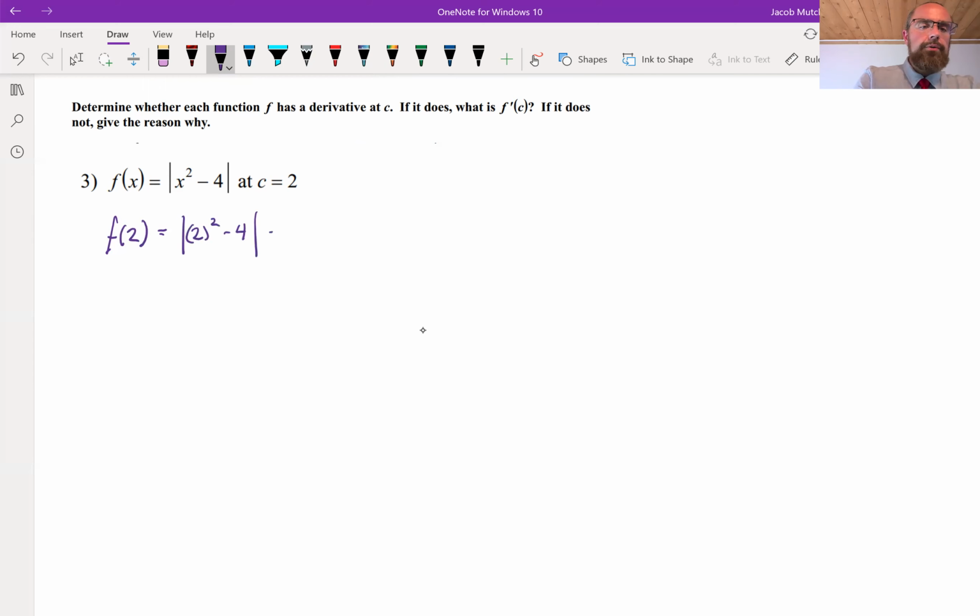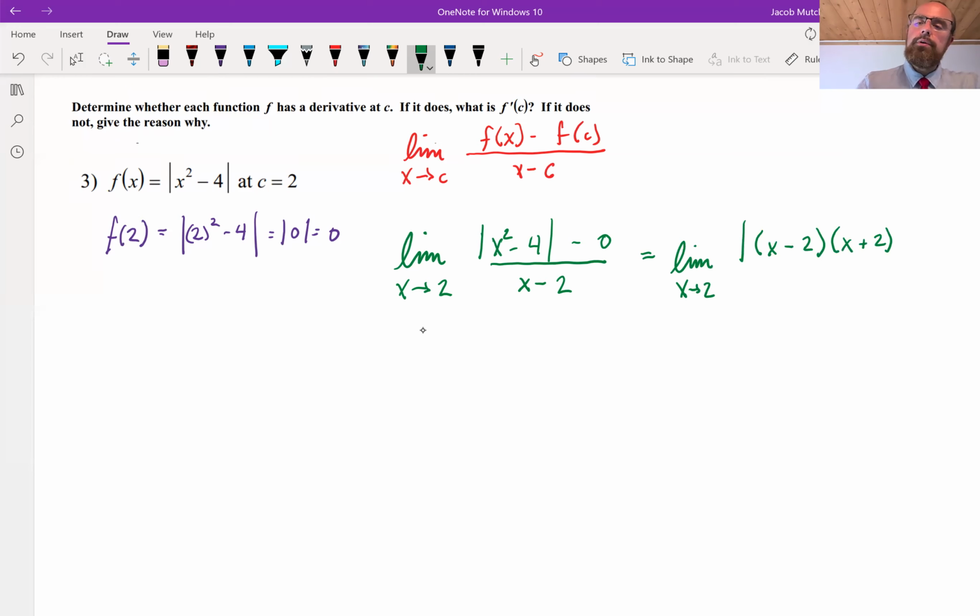So I can factor this x squared minus 4 in the difference of two squares pattern. That would be x minus 2 times x plus 2 all over x minus 2. So I see a cancellation that can cancel through the absolute value bars. So x minus 2 cancels there.